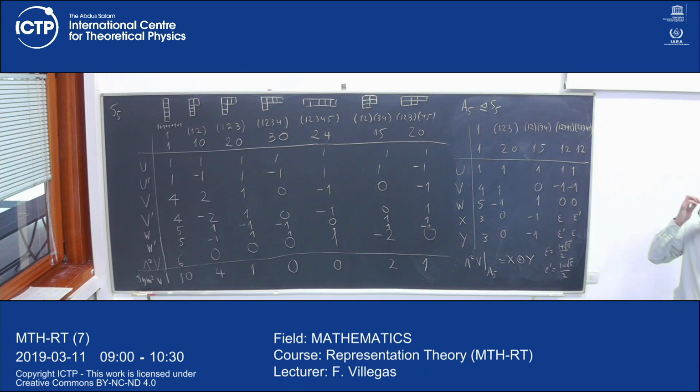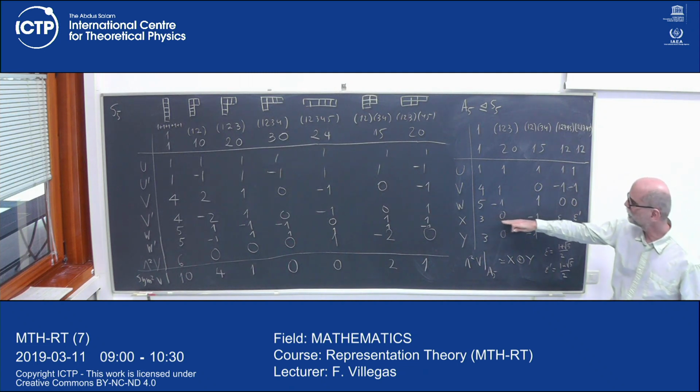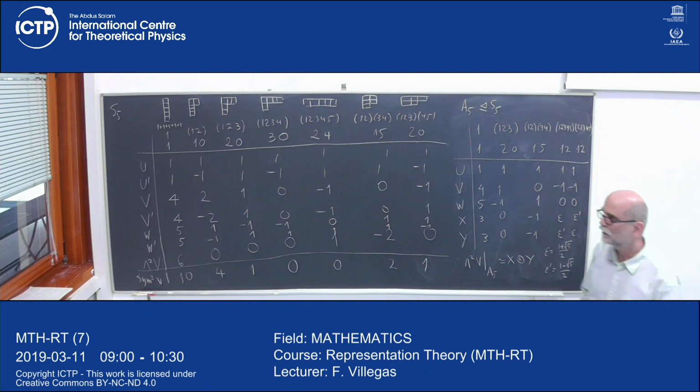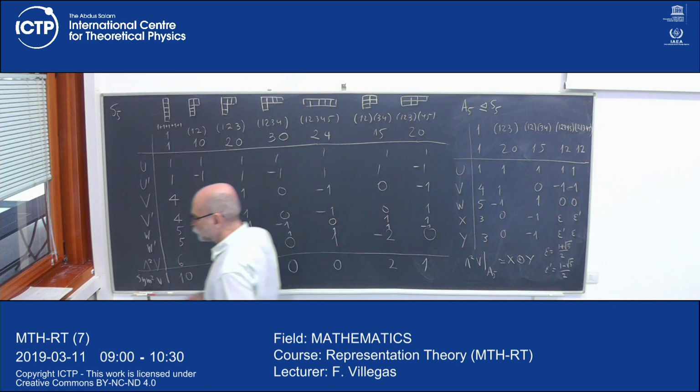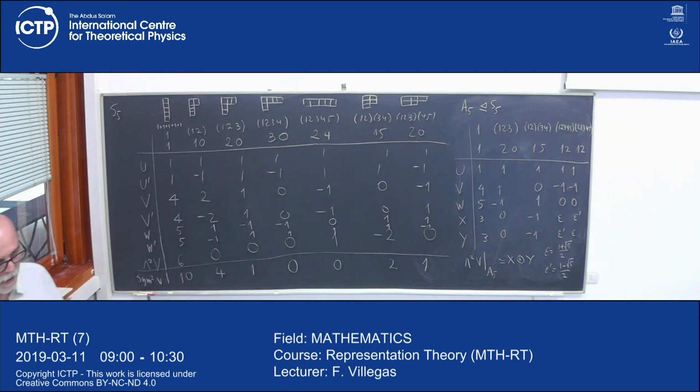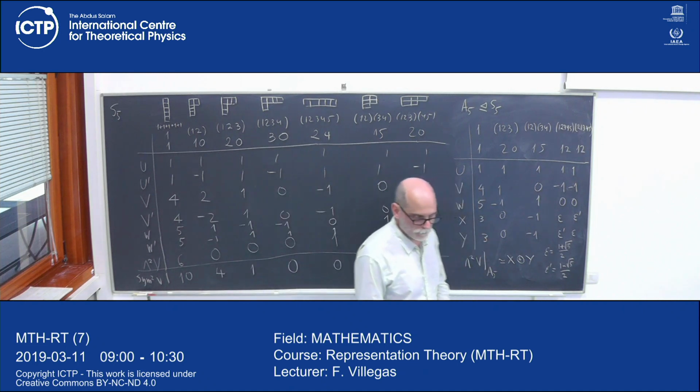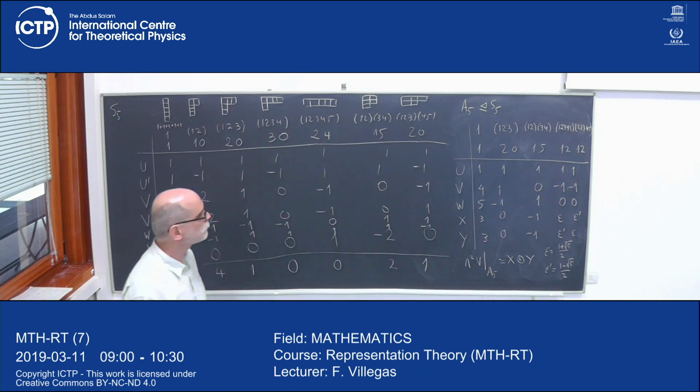The implicit map from A5 to GL3 is injective. And so in fact what we'll see is that A5 is the group of rotations of the icosahedron. So what we're seeing here has a geometric counterpart.